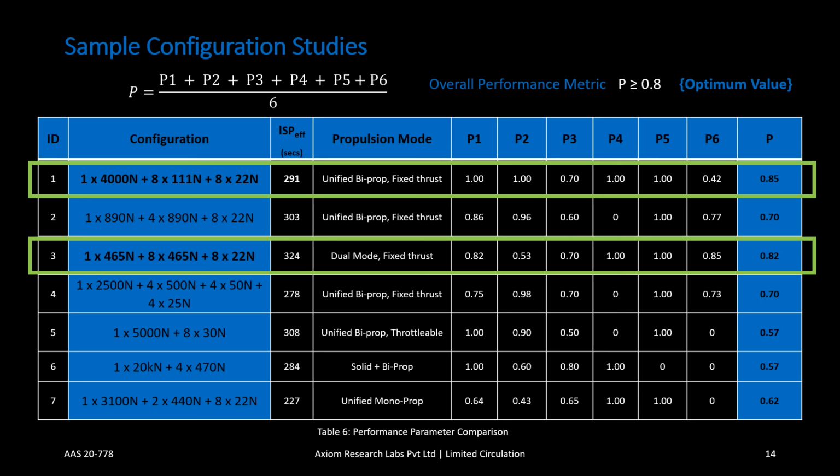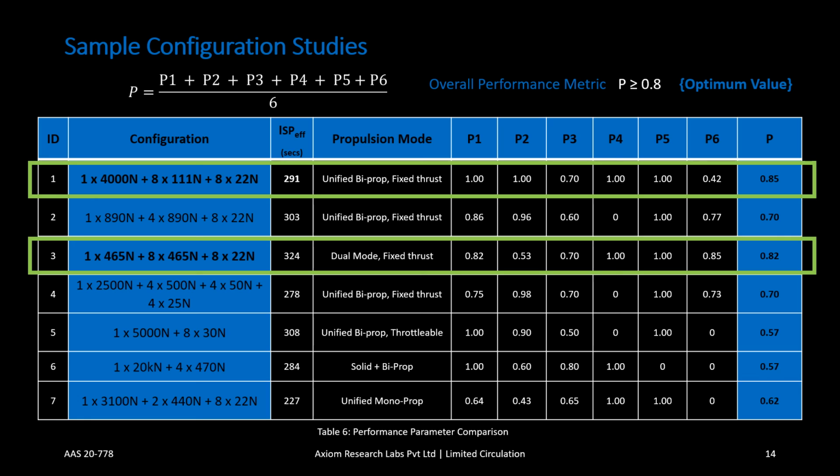And if this metric exceeds 0.8, we choose it as an optimum value. So we propose 7 configurations which range across all the propulsion modes and the engine classes that we discussed, and 2 configuration IDs, 1 and 3, seem to have a score of greater than 0.8. Common features among them are 8 thrust augmentation thrusters and 8 attitude control thrusters.